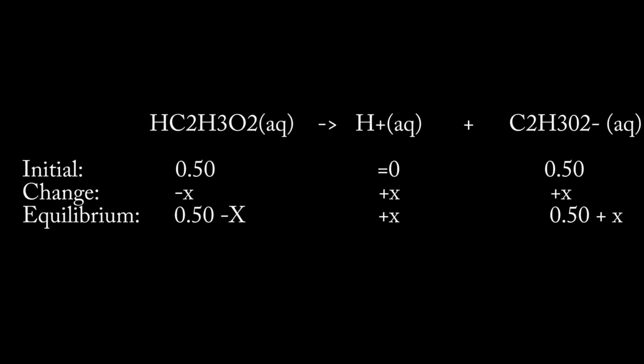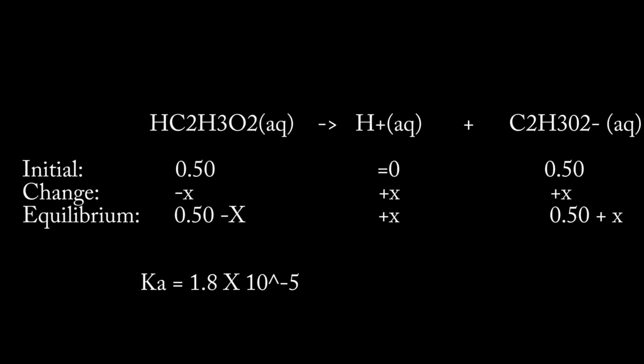And so then you can find the equilibrium constant, Ka, which in this case equals 1.8 times 10 to the negative fifth, which is the constant for acetic acid anyways. But in this case, we're trying to find the pH of the buffer solution.